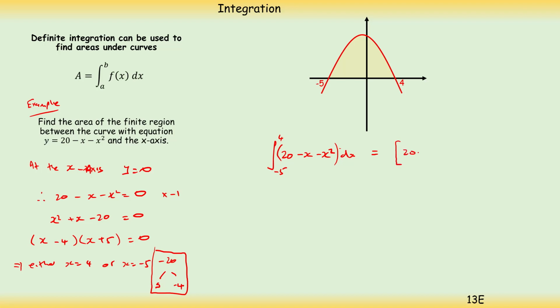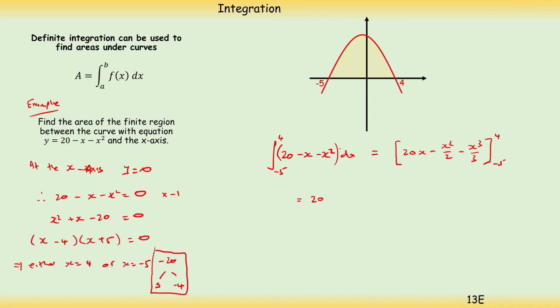That gives me 20x minus x squared over 2 minus x cubed over 3, from minus 5 to 4. Okay, so let's sub in the values. I'm just going to bring my equal sign over here. I know it's out of sync, but I'm just running out of room.